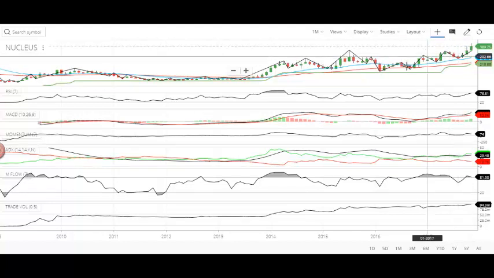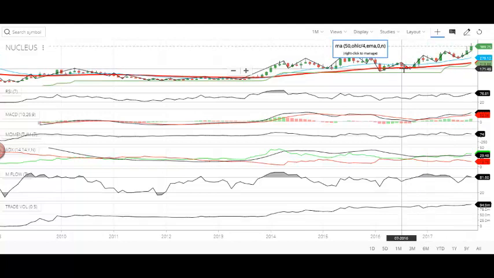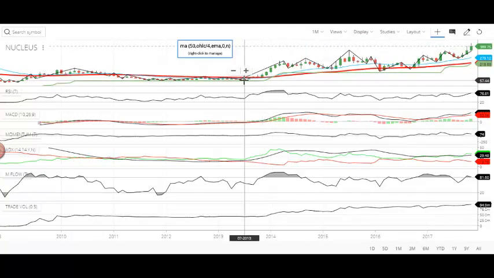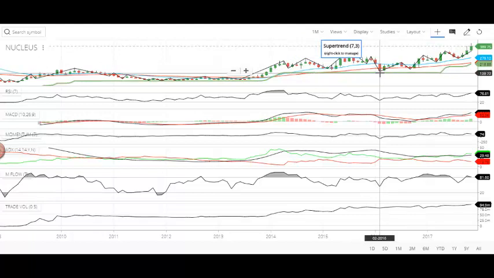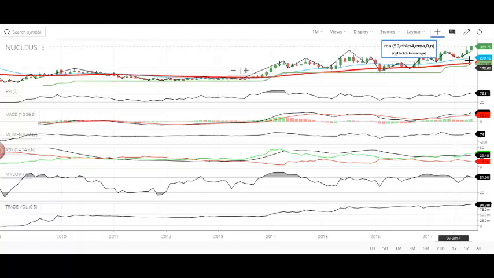Every time it makes a new high, there is some sort of consolidation, which you can clearly see here. The stock did the same thing in the 2013 to 2015 phase, and again it is doing the same thing from 2016 onwards till now.